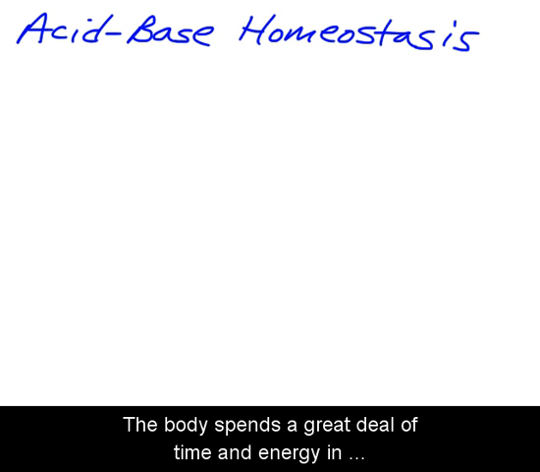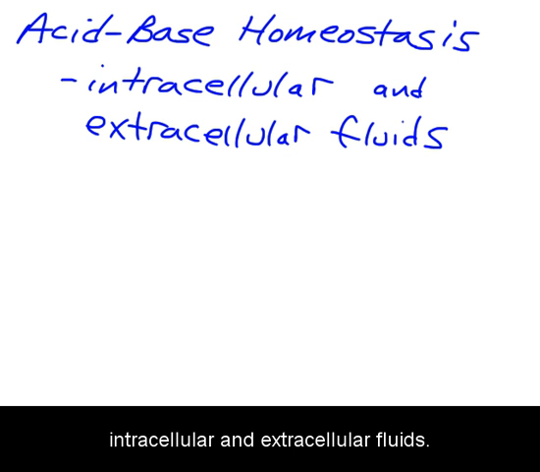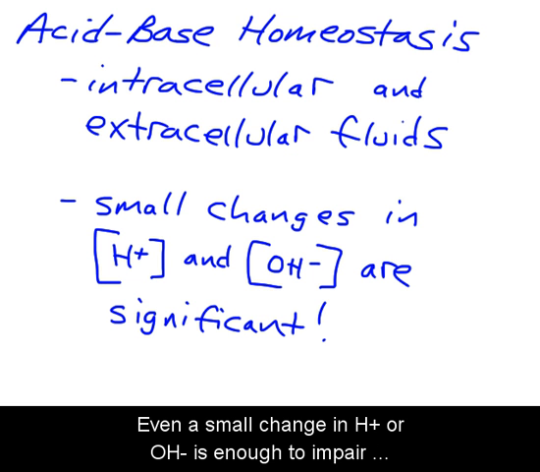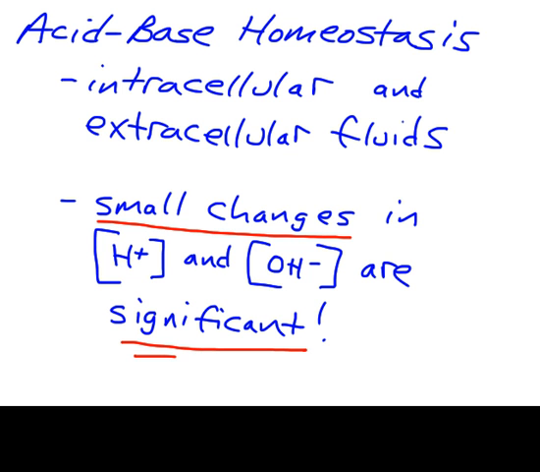The body spends a great deal of time and energy in acid-base homeostasis throughout all of its intracellular and extracellular fluids. Even a small change in hydrogen ions or hydroxide ions is enough to impair cellular and bodily processes.